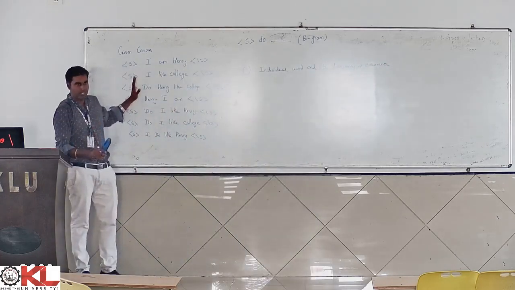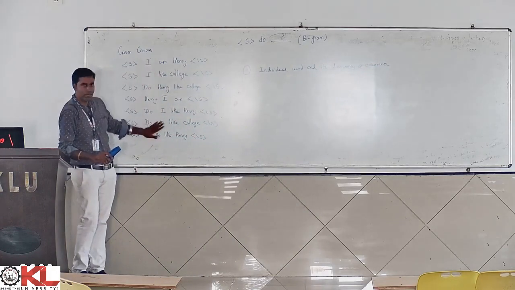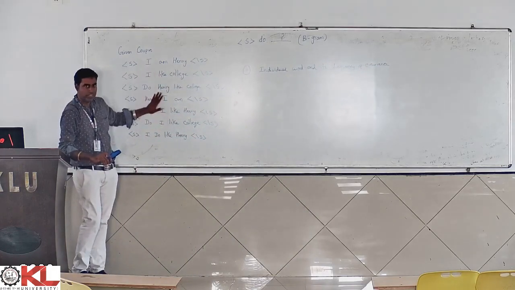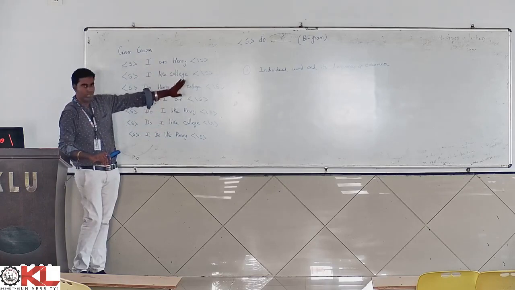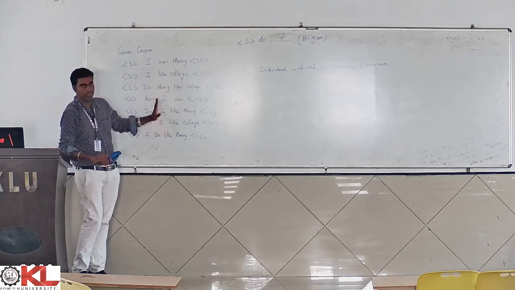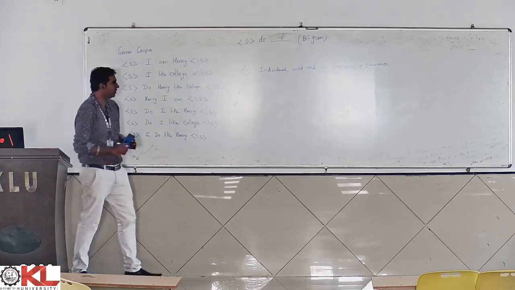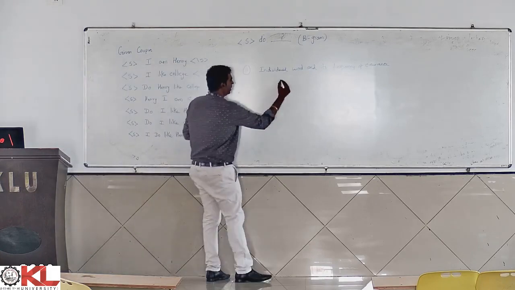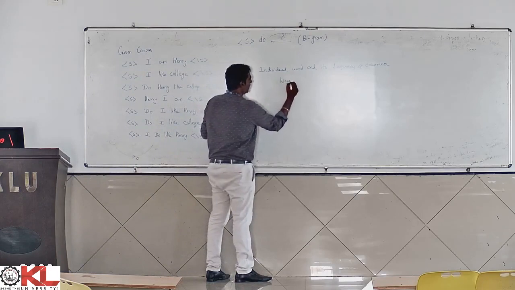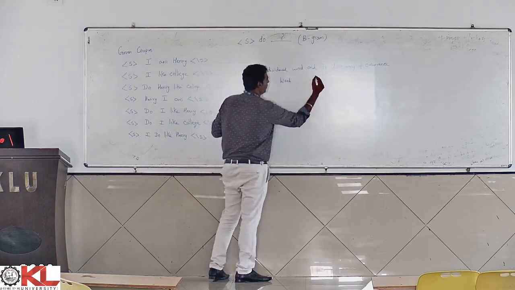So what is the first step I am going to do? From the given corpus, I am going to take each individual word and how many times it occurred in the given corpus. I am putting a tabular column. One column is word, the next one is frequency of occurrence.